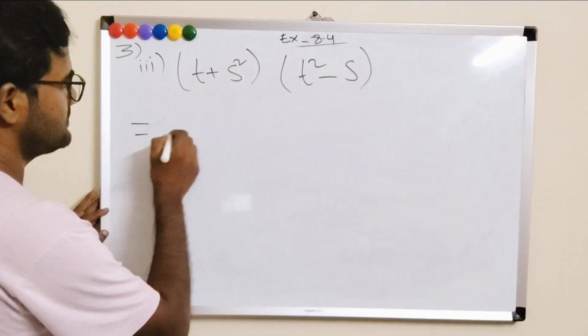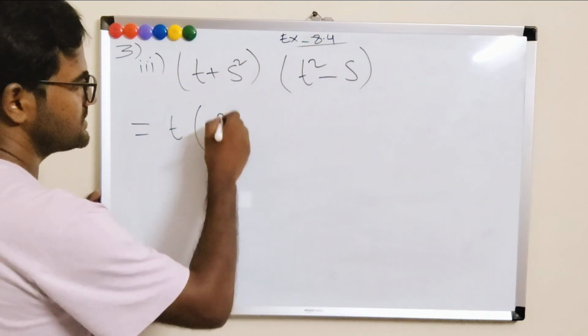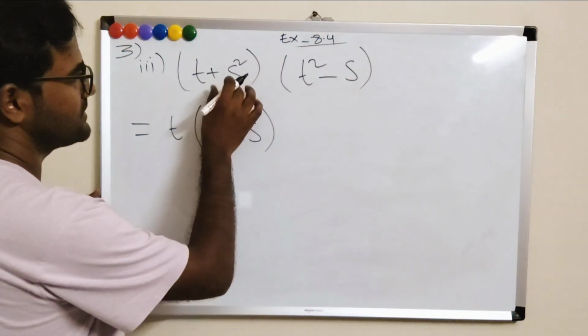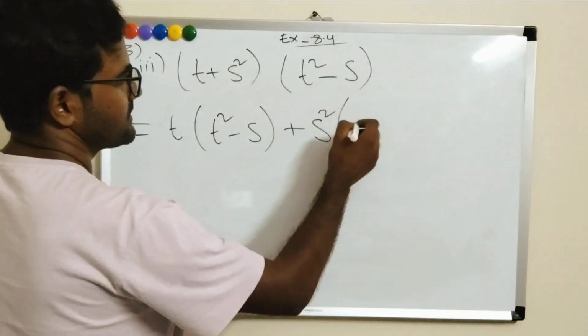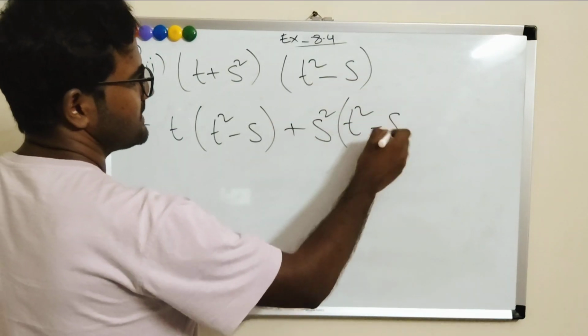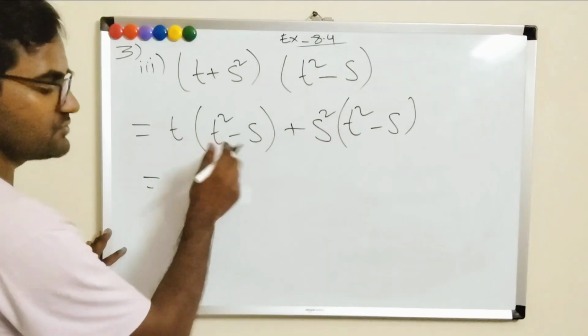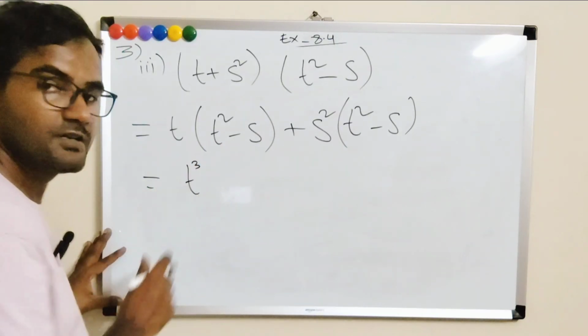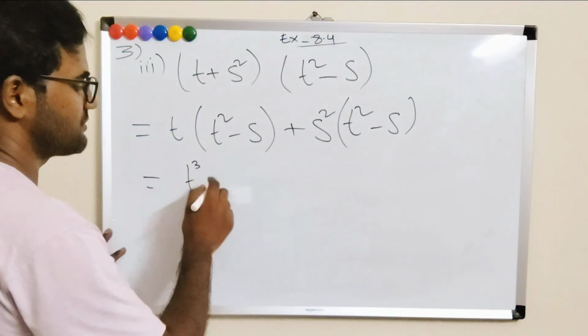Again the same thing here. You bring this t down and the whole thing here again, t squared minus s, then bring this plus s here, s squared, then the whole thing here again, t squared minus s. Now t into t squared will be t cubed.